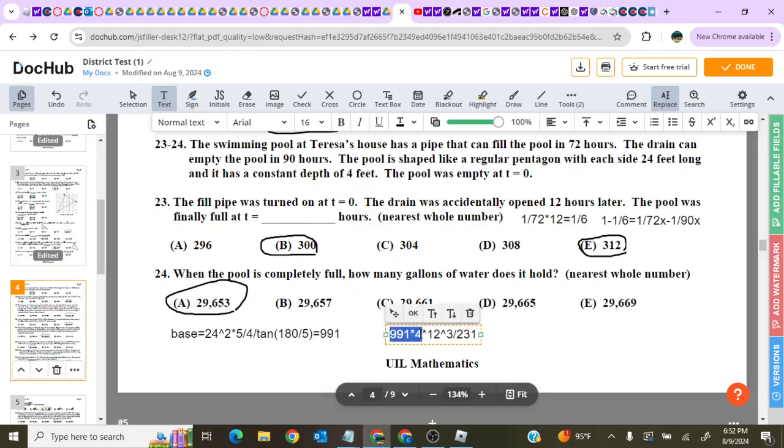Then you have to multiply it by your height, 4, to figure out your volume in cubic feet. Then you have to multiply by 12 cubed to convert it to cubic inches, and then divide by 231 to convert cubic inches to gallons. And if you do that, you'll get 29,653 gallons of water.